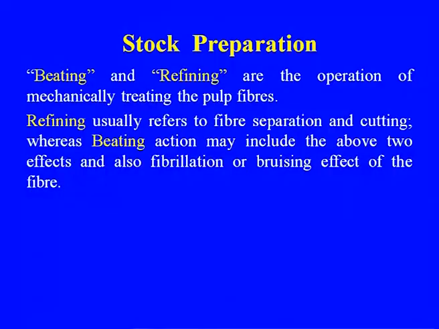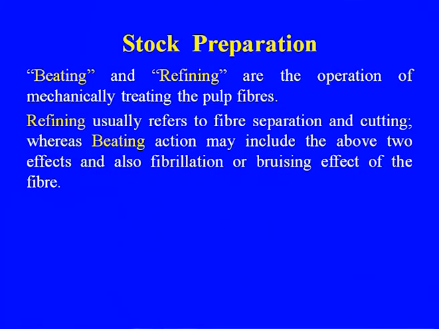Beating and refining are the operations of mechanically treating the pulp fibers. There is a slight difference between these two, but the purpose is the same. Before the refiner came, it was only the beater, the olden Holland beater, as it was named, and then came the refining, and then the disc refiner, the conical refiner.